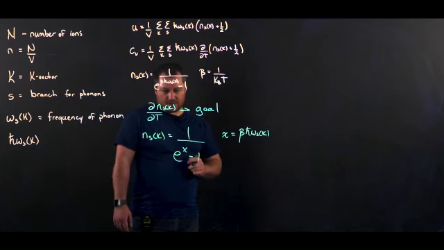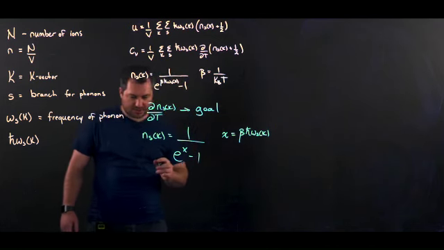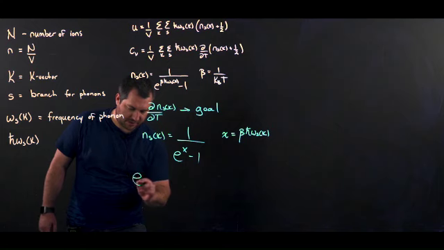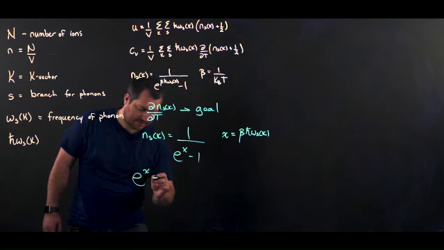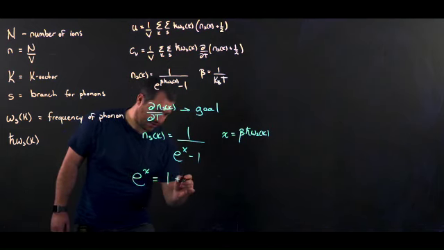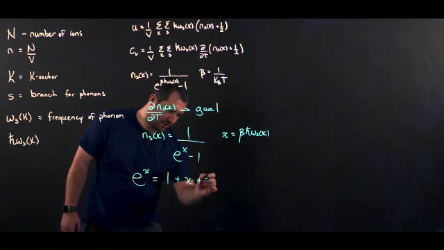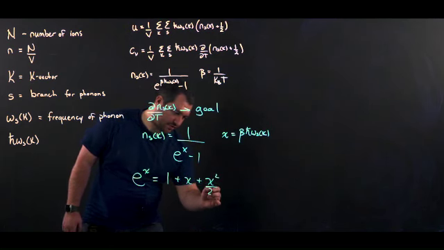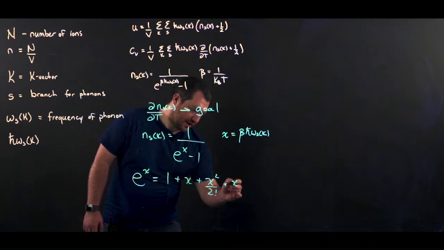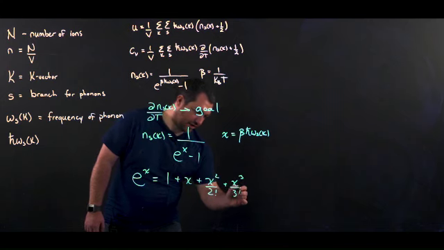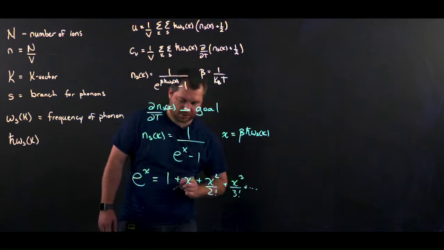Now we know that there exists such a Taylor series expansion for e to the x. e to the x is equal to 1 plus x plus x squared over 2 factorial plus x to the 3 over 3 factorial and many other higher order terms.